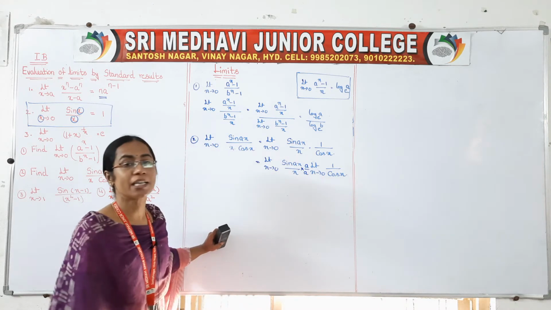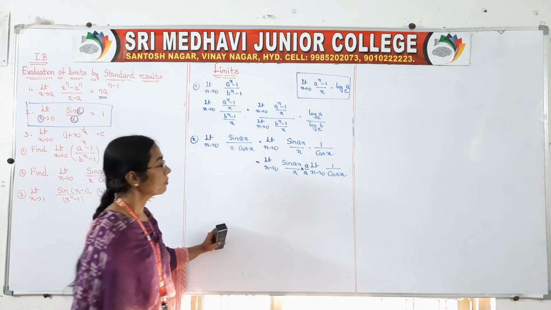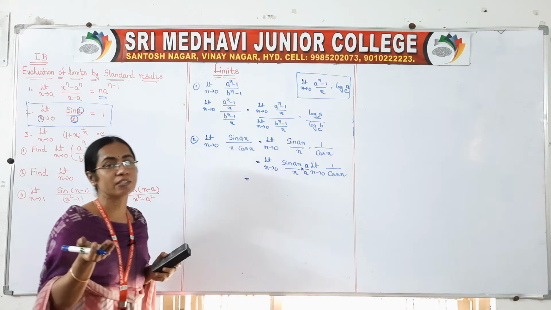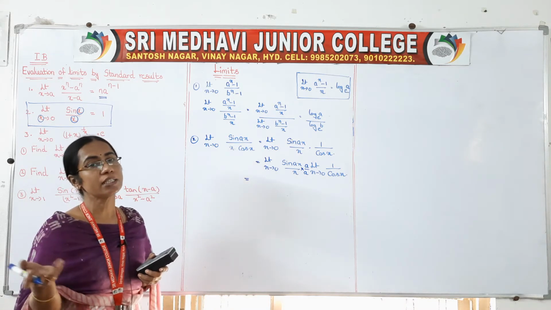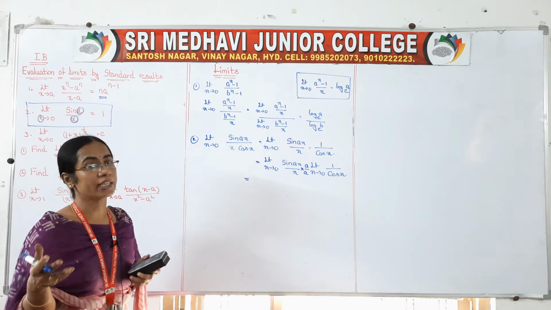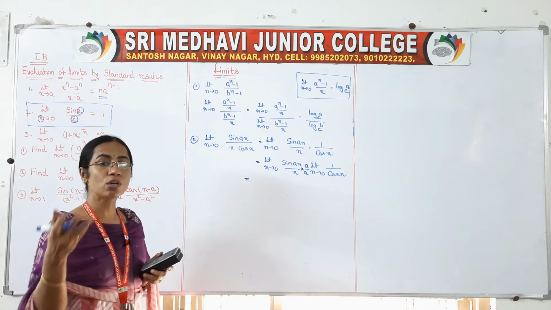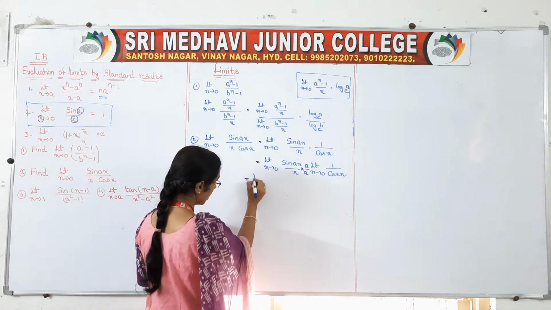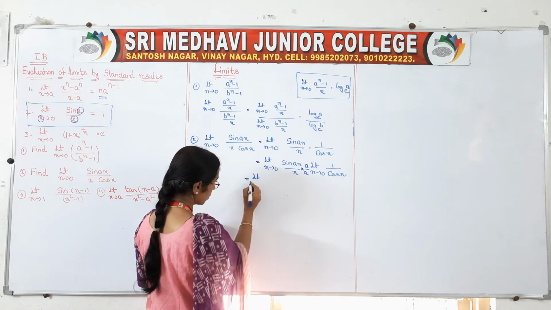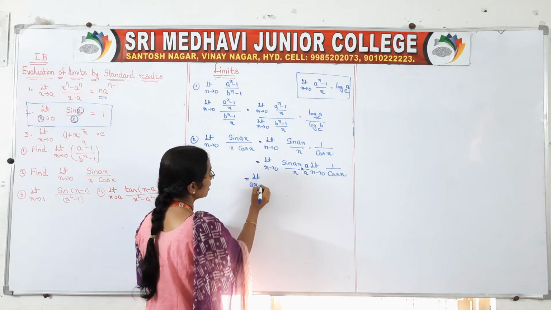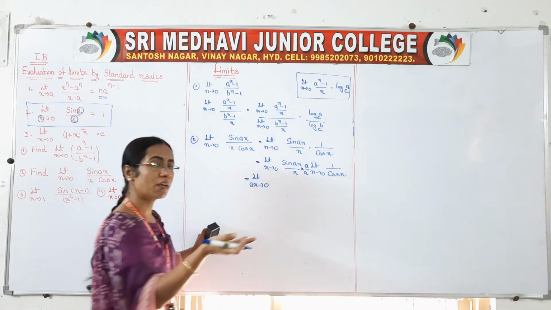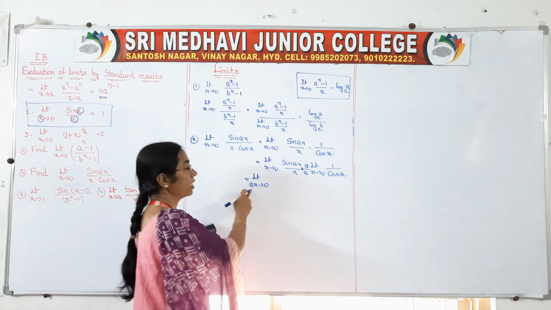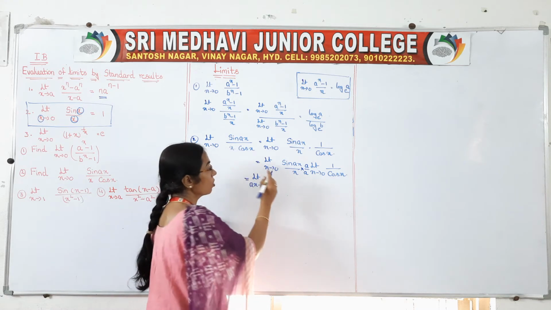If x tends to 0, means x value is 0, 0 into anything is 0 only. So ax means a into 0 tends to 0 only. So here, instead of x tends to 0, we can write ax tends to 0.